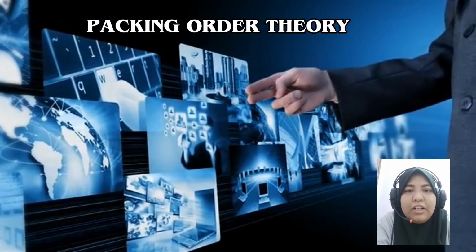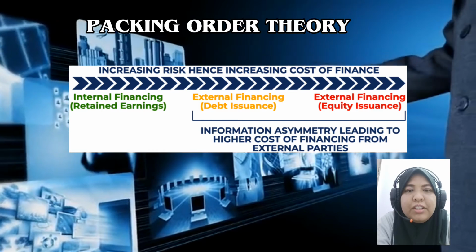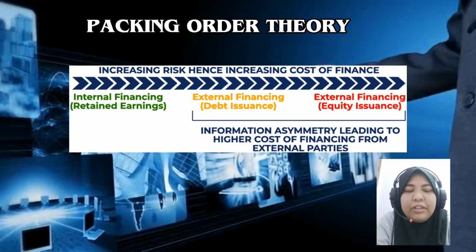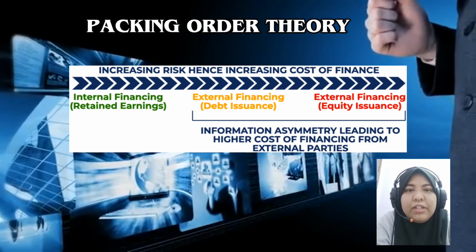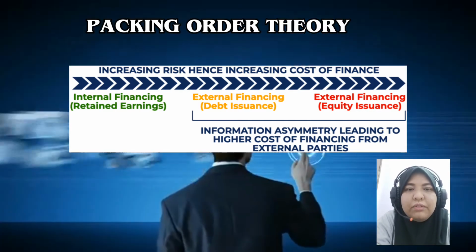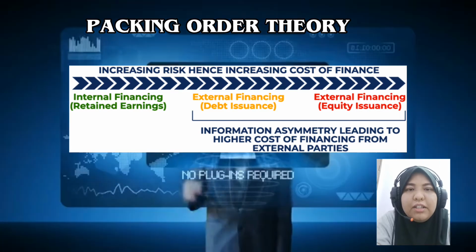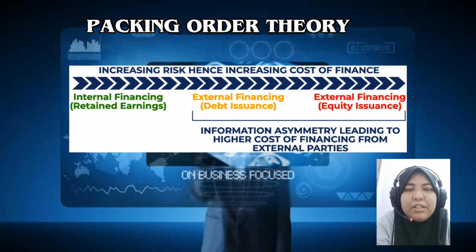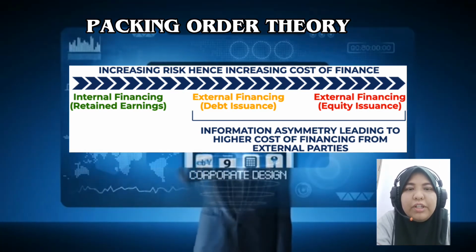It states that a company should prefer to finance itself first internally through retained earnings. If this source of financing is unavailable, the company should then finance itself through debt. Finally, as a last resort, the company should finance itself through the issuing of new equity.